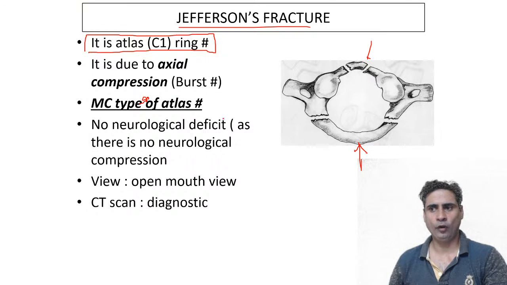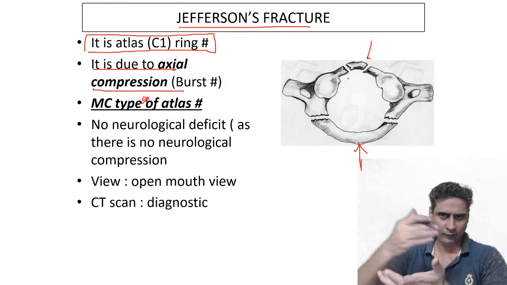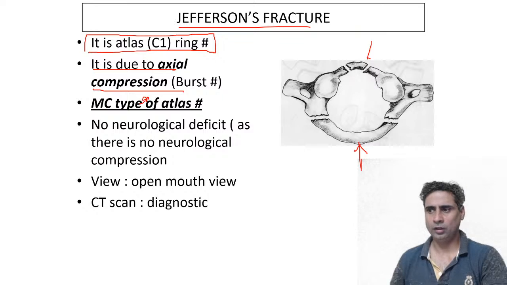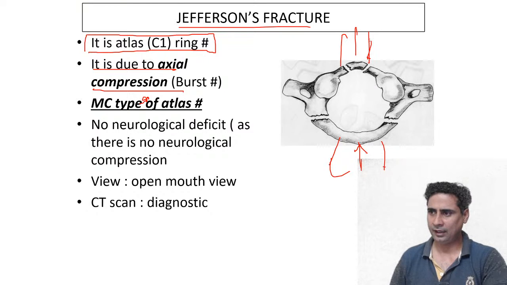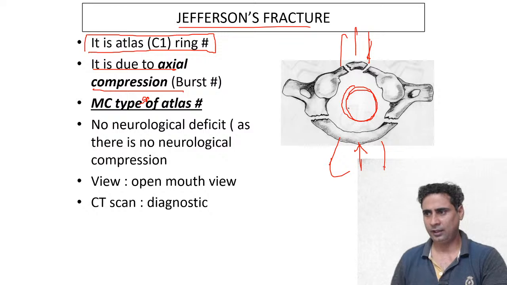It is a type of vertical compression fracture, axial loading causing bursting of the anterior as well as posterior ring of atlas. As these fragments go posteriorly and anteriorly, and the spinal cord is in this area in atlas, there will be no compression of the spinal cord.